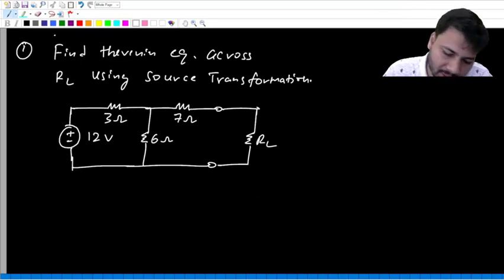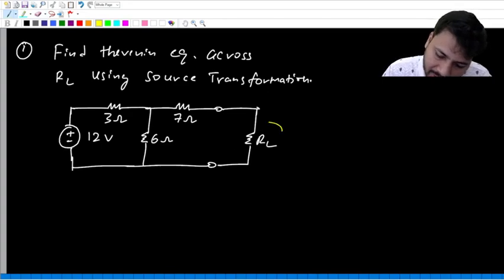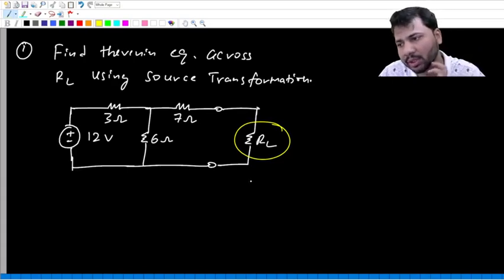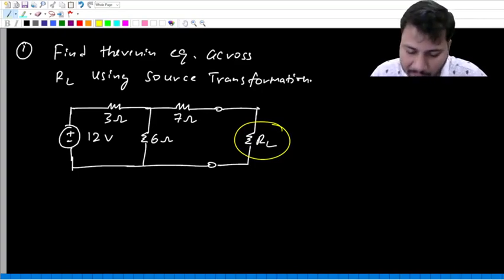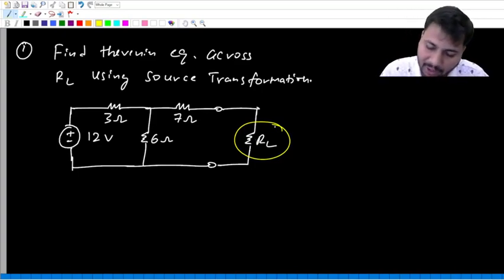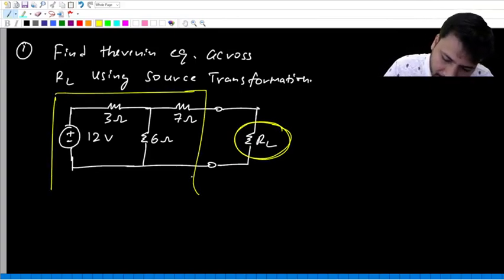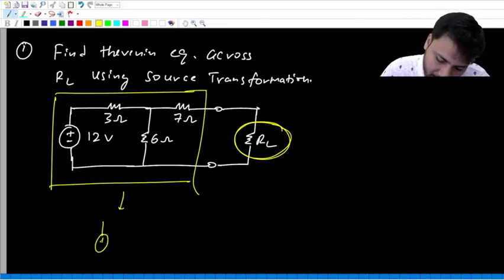Look at this question. You have to find the Thevenin equivalent across RL using source transformation. When I say find Thevenin equivalent across RL, that means with respect to RL, the remaining network should be replaced with a single voltage source in series with a single resistance, that is Vth in series with Rth.